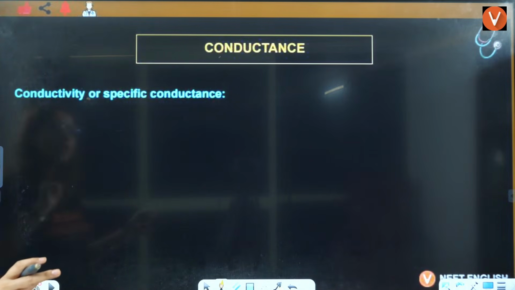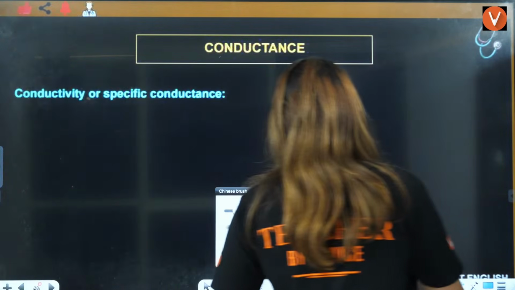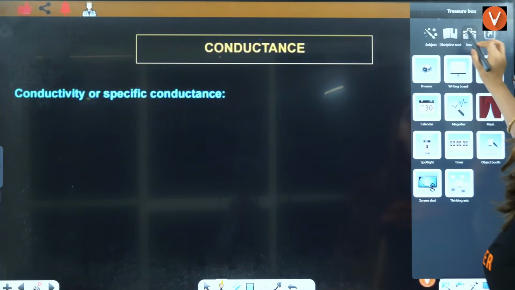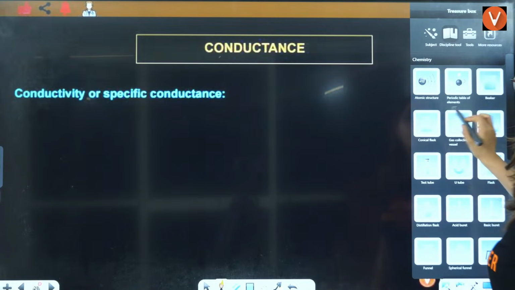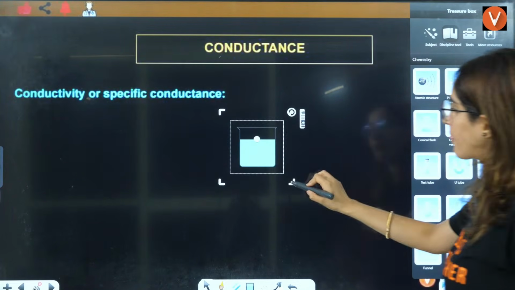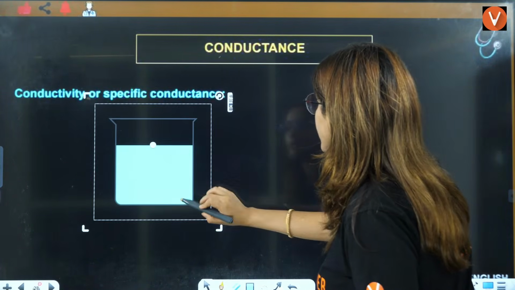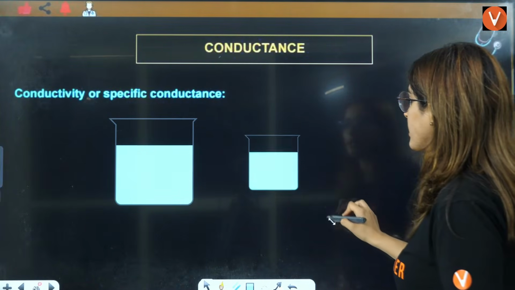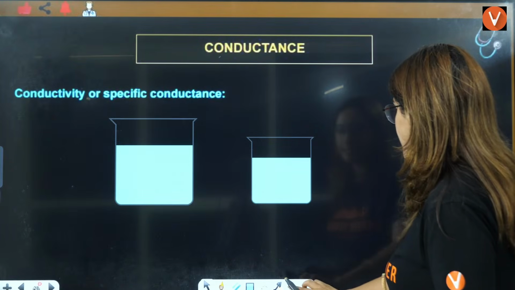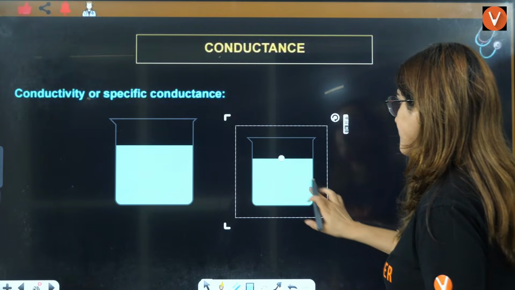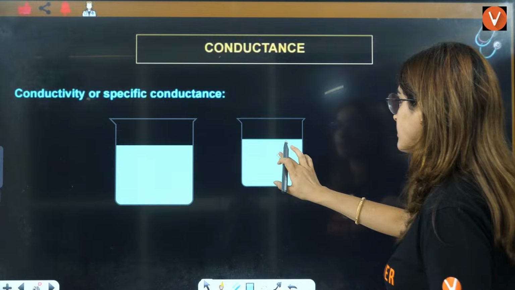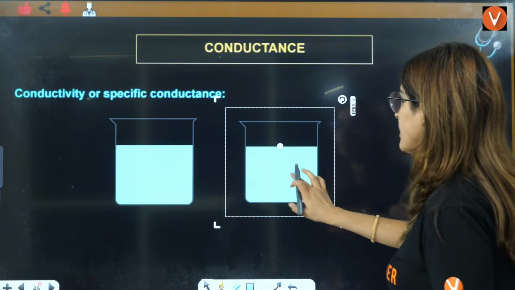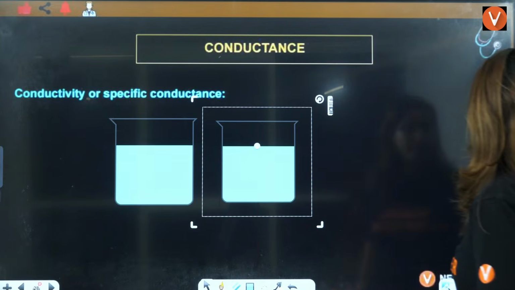Now, if you talk about what is the difference, can you tell me, students, what is the difference here? Anybody in the chat box? So this is your beaker number 1, and let's have one more beaker. This is beaker number 2. Let's have one more beaker here.